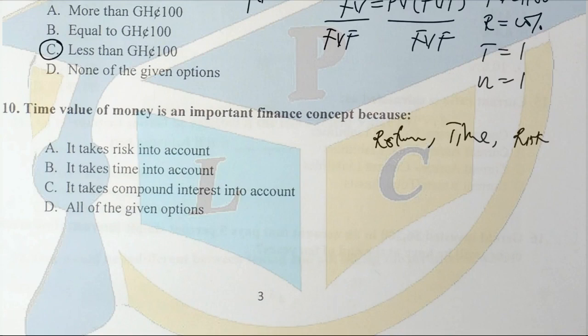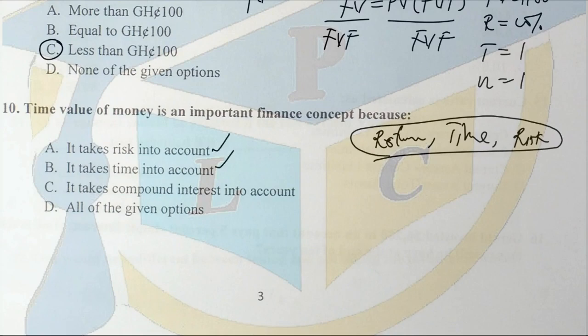So you can see that you have risk here, you have time here, and you have the interest, which is the returns. So all the options are true and important concepts in time value of money in finance. So let's take note of that.